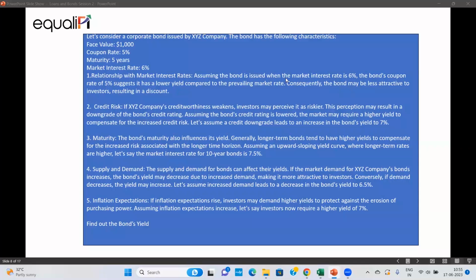So when you have a longer term of maturity, then obviously you have certain things which you cannot foresee. So you need a premium for that, right? That premium has to be taken into consideration. You can say it is a duration risk.